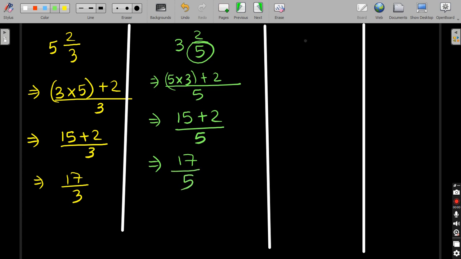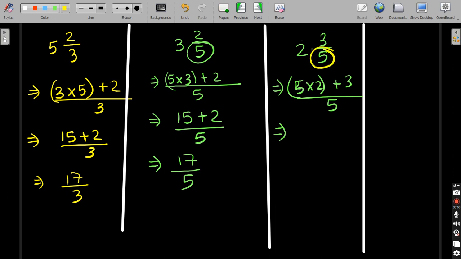Let us take another. It is given 2 3 by 5. Now how will I solve here? Again, 5 into 2 plus 3 by 5. Try to understand the logic: which number I am multiplying, which number I am adding. As you are able to see here, let me explain.